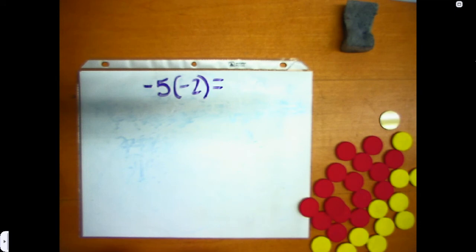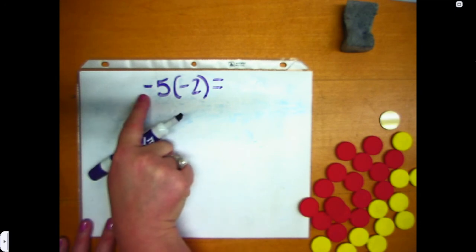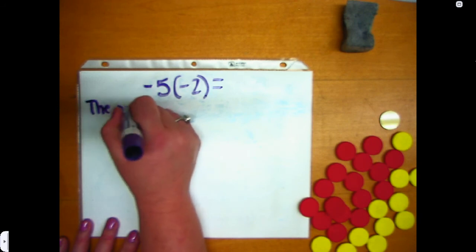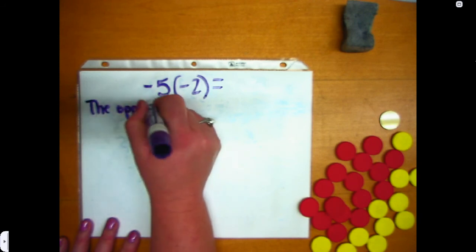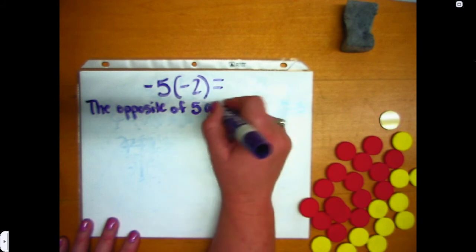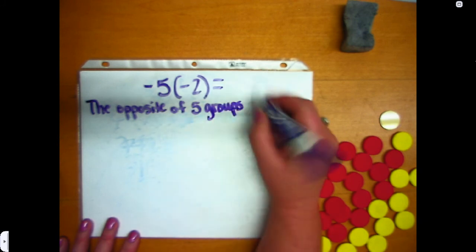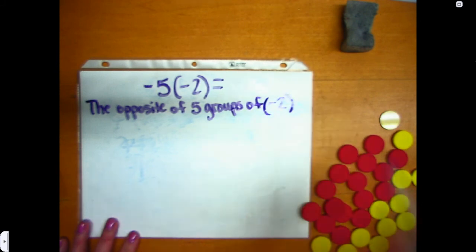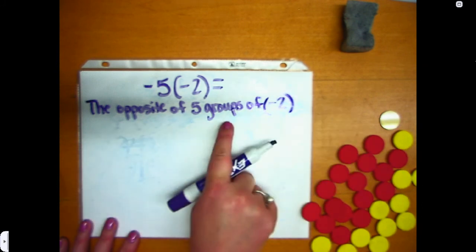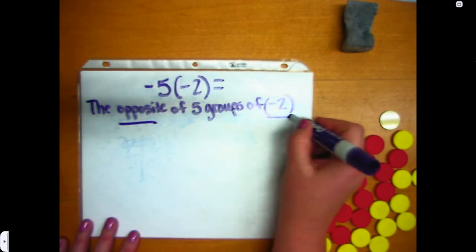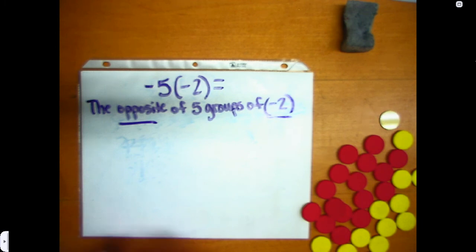This means the opposite of five groups of -2. So if it's the opposite of 5 groups of -2, the opposite of -2 is +2.